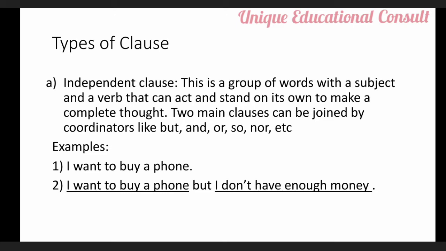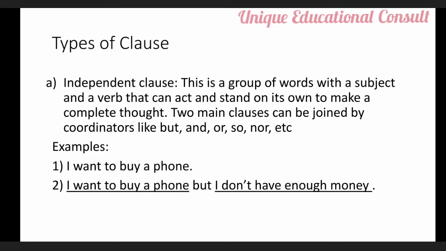This is a group of words with a subject and a verb that can act and stand on its own to make a complete thought. This means that the group of words called a main or independent clause can stand on its own without depending on any other type of clause to make a complete thought or to make a meaningful sentence. That is what we are talking about.